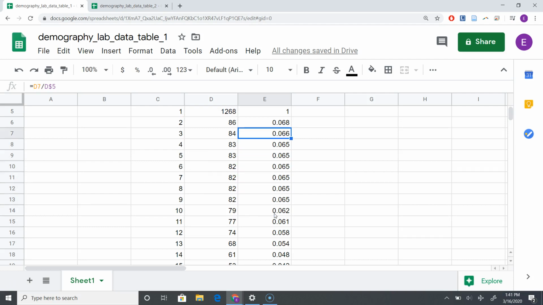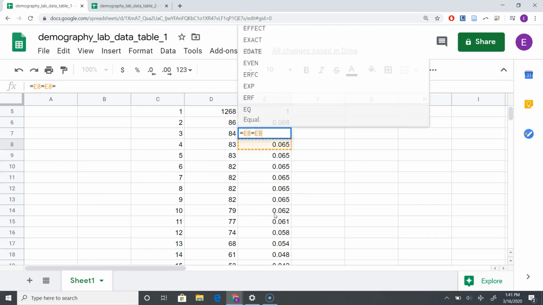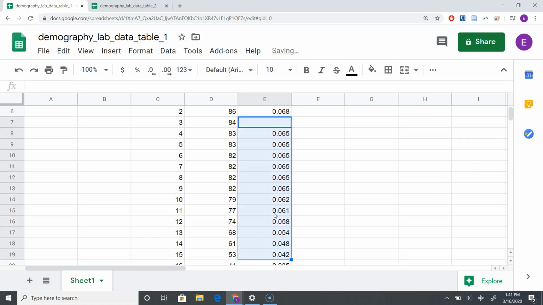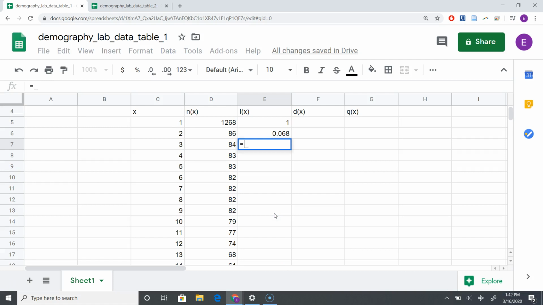So I'll show you what I mean by that. So, oops. Go ahead and get rid of these. So if I go up here and I go equals D7 divided by D5. I'll just drag it down 1. It's going to move the data you're trying to work with down by 1 each and every time.